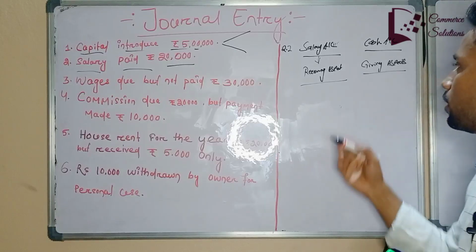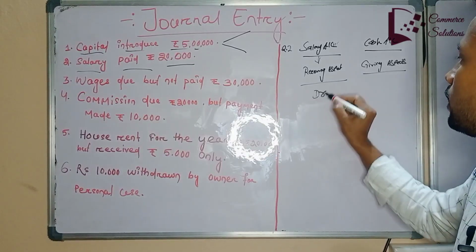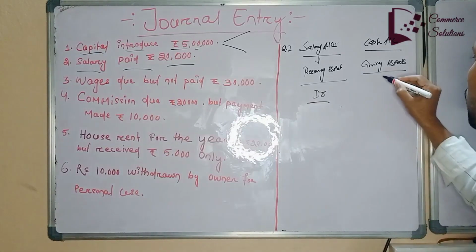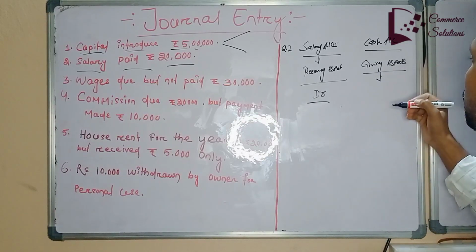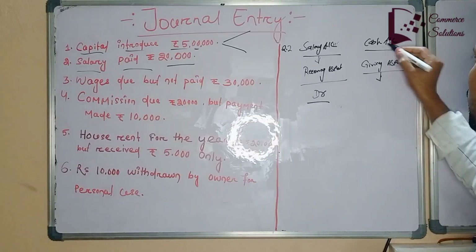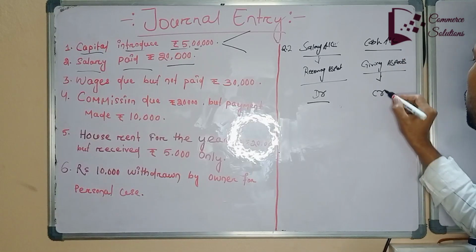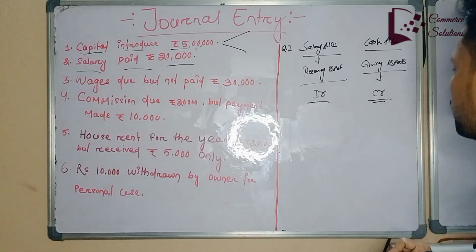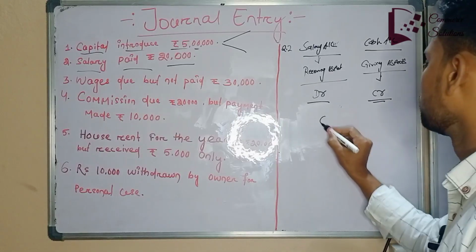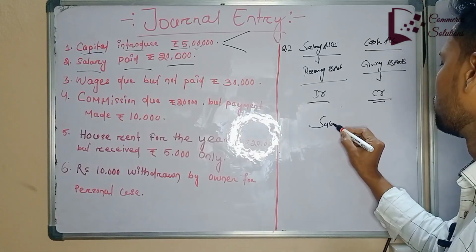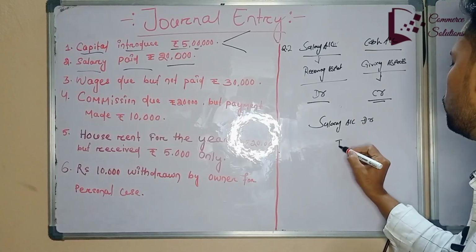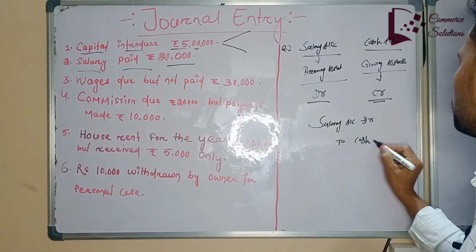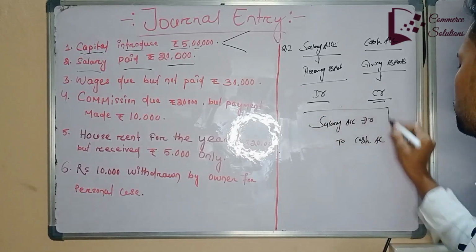What is debit? Debit is the receiving aspect. That's why salary will be debited. And what is credit? Credit is the giving aspect of a transaction. Cash is the giving aspect here. That's why cash will be credited. The entry will be salary account debited to cash account.